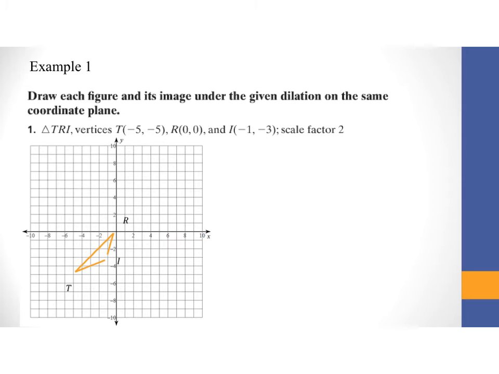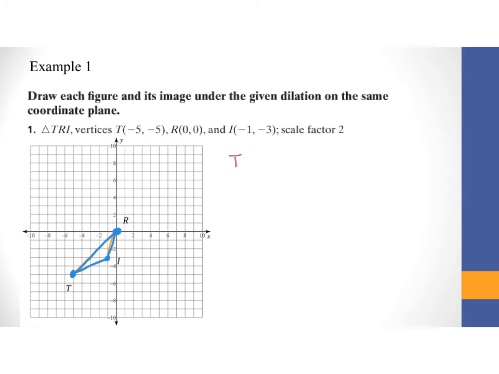So for example number 1, we have the triangle TRI, and we're going to draw the figure and its image under the dilation. So I'm going to start out by plotting T, R, and I. So we end up with something that looks like this. Then I'm going to apply the scale factor.